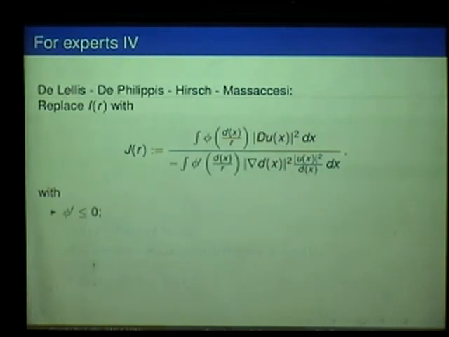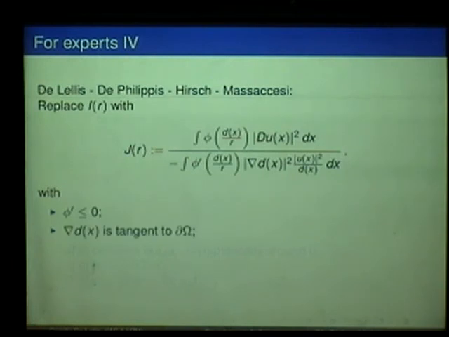So phi is a cutoff function. It's a compactly supported function, depending only on one variable, and we want phi to be non-increasing. So the derivative of phi is less than or equal to 0. In particular, this quantity is positive, right? Because I have minus phi prime. Now, what is d? d is like a distance function from the origin.